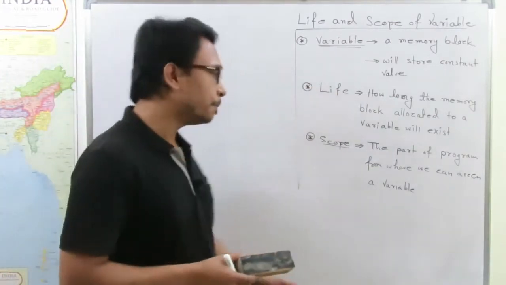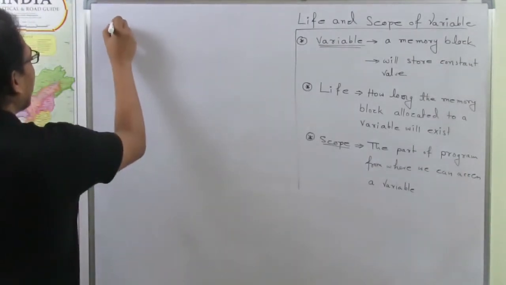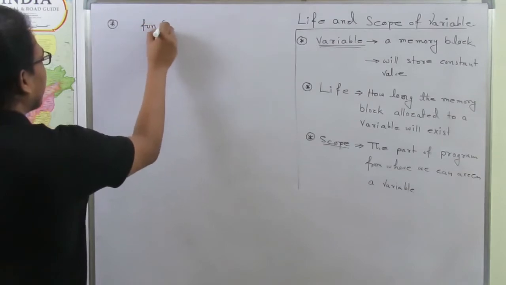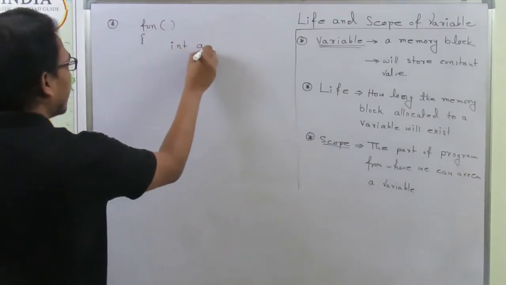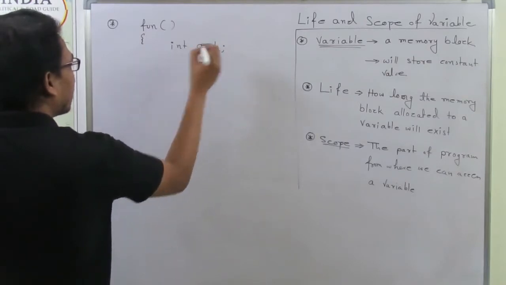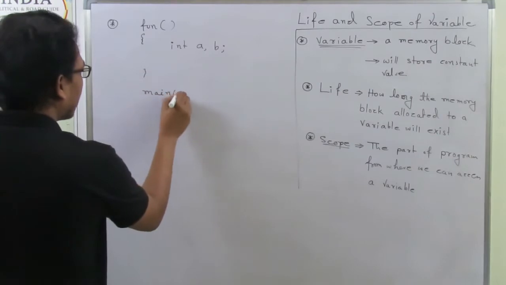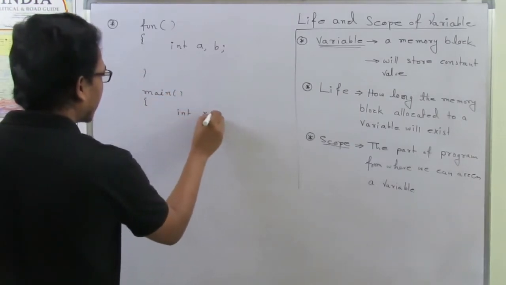So let's start. Let's say we have a function, and within this function we declare integers a and b, and in the entry point function main we have one more variable, int x.